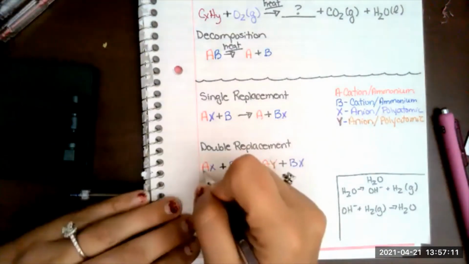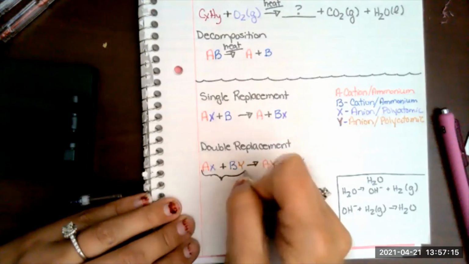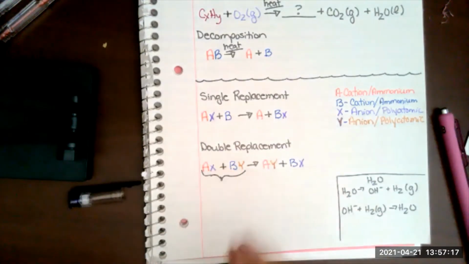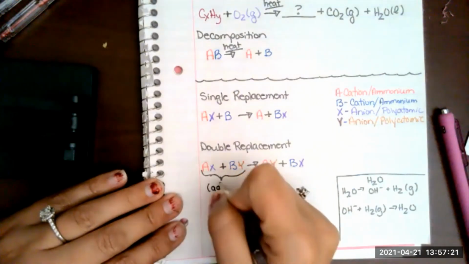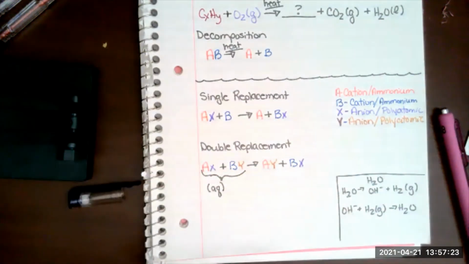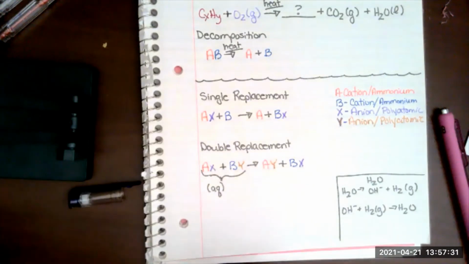Because the anions switch places. Now, over on the reactant side, these are more than likely going to be aqueous, because when they're added to aqueous solutions, that allows the ions to break apart and reassemble. So both of these solutions will probably be aqueous.